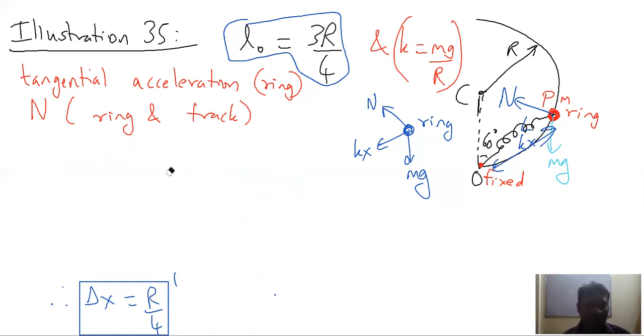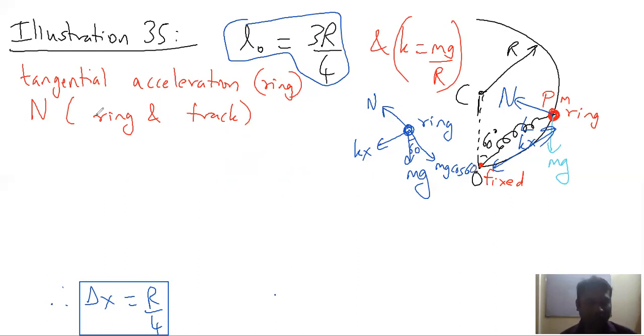In this case, I will have to take the components. The component of mg will be mg cos 60.